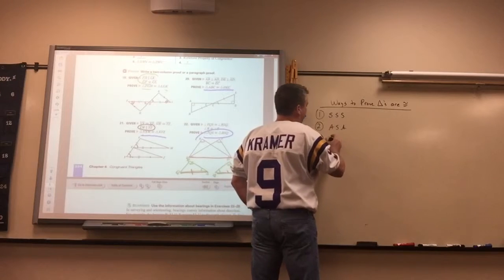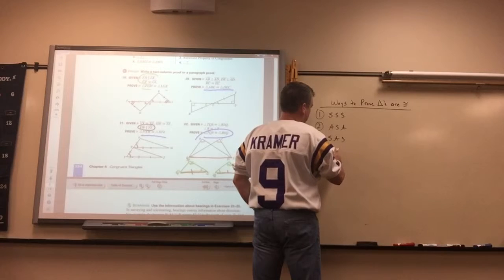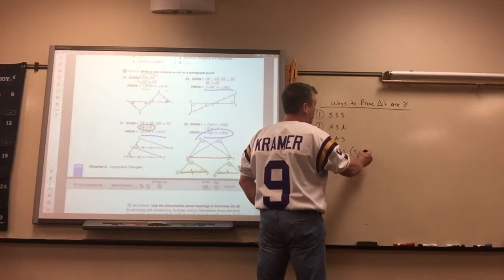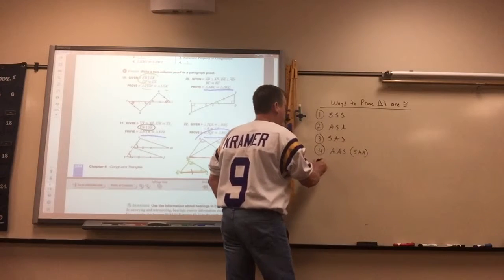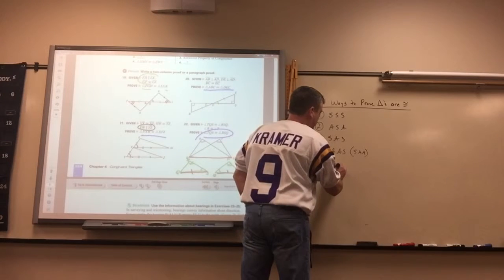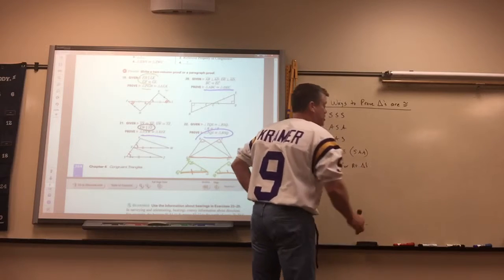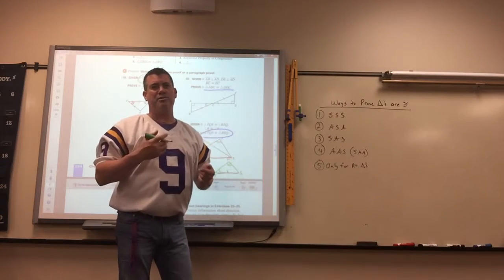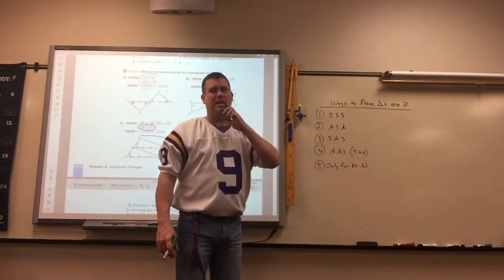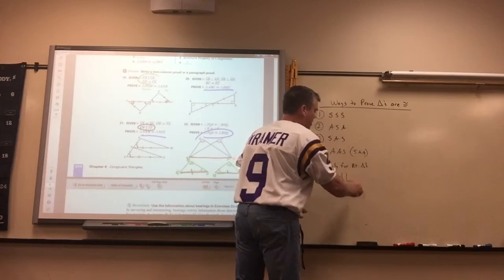There's actually five. Angle side, and remember, angle side could be written backwards. The fifth reason only works on right triangles. Just a hint for you: anytime you see a right triangle, try this one first. Doesn't mean it'll always work, but that's the one you should look for right away. And it is called HL.